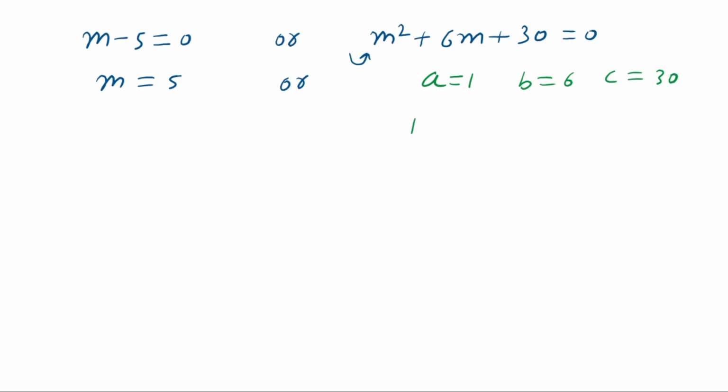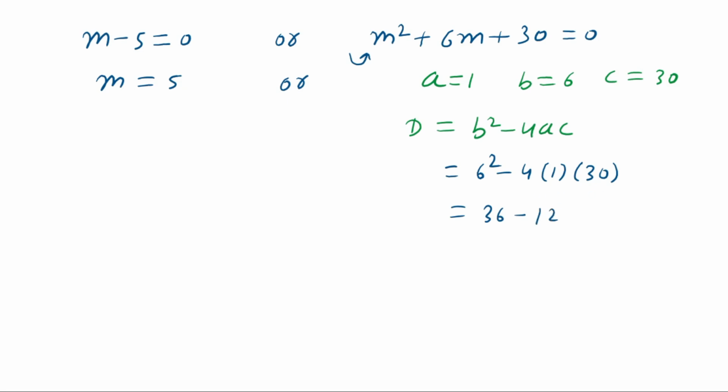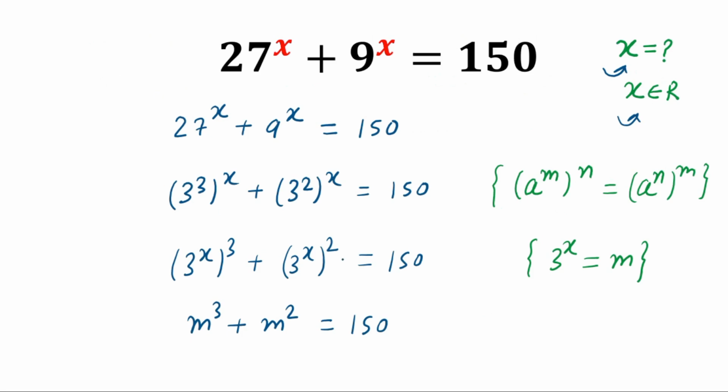The formula of the discriminant is D = b^2 - 4ac, so D = 6^2 - 4 times 1 times 30. 6 square is 36 minus 120, which is -84. The discriminant of this quadratic is negative. It means no real roots. So m = 5, and we know that the value of m is 3^x.